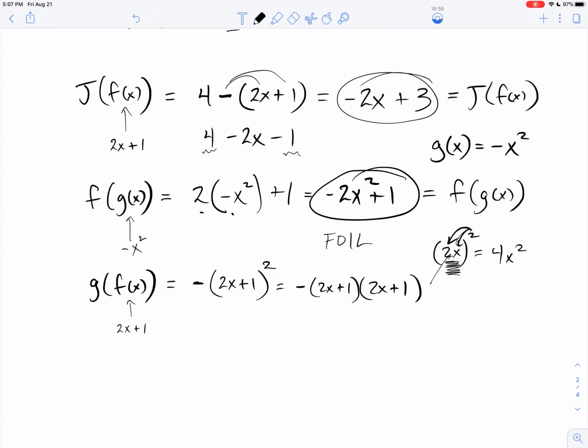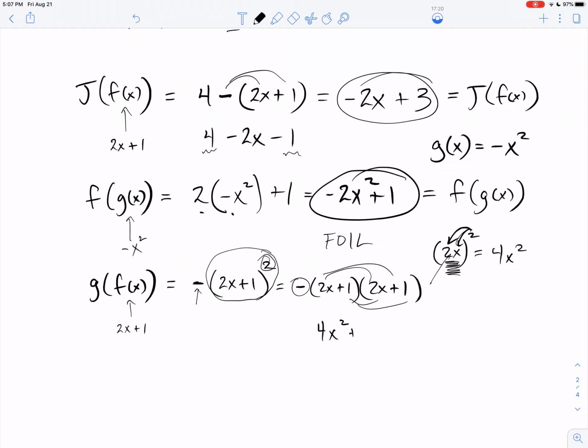Well, what do I do first? Well, this was based on parentheses and exponents. Remember, exponents go before multiply by a negative, so you should FOIL first. I always say FOIL 2, then distribute it through. FOIL 2, distribute it through. So let's FOIL these first. And if I FOIL this stuff first, I'd get 4x squared.